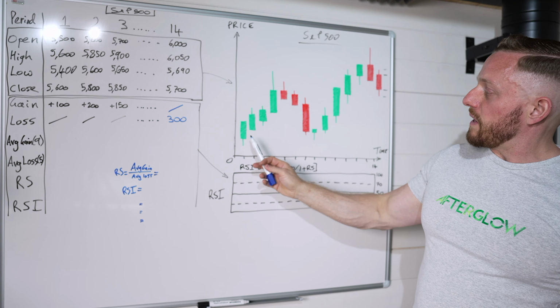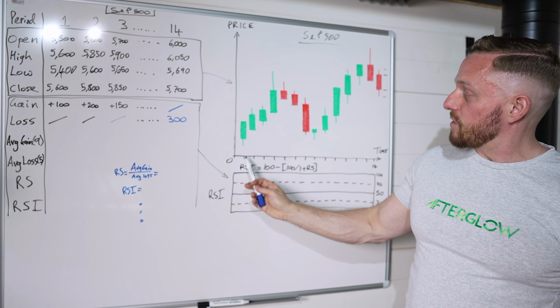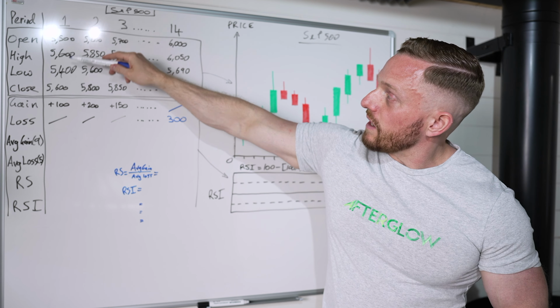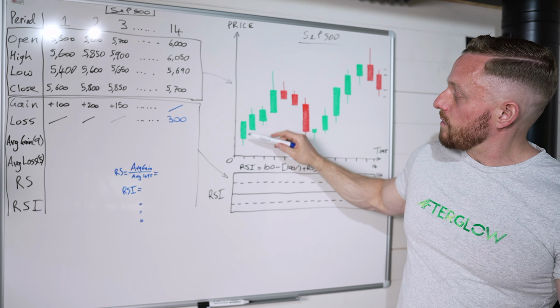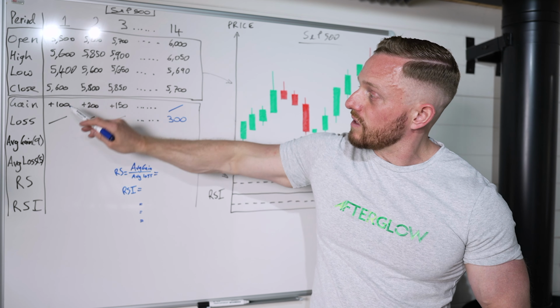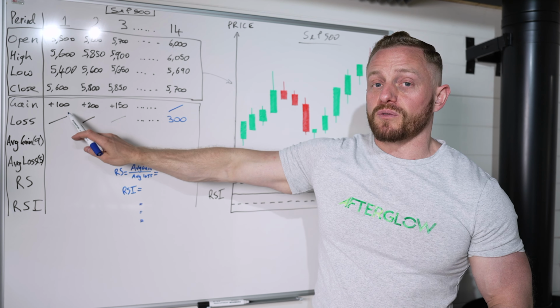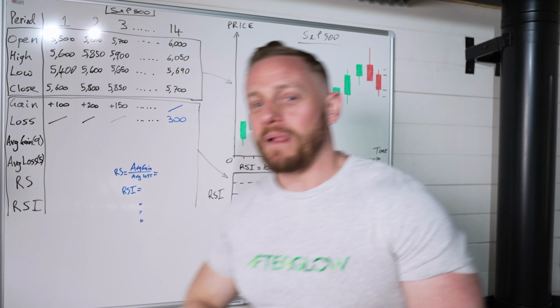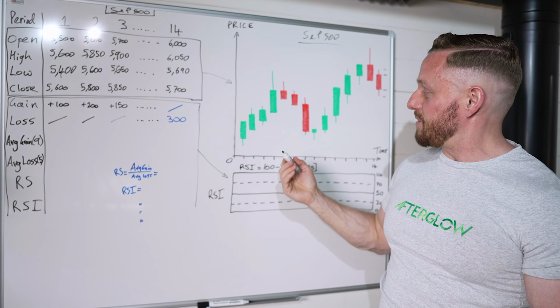And if you go all the way back to the beginning on the first candle 14 days ago, I've done all the calculations here. Well, if that started at 5,500 and went up to 5,600, that's a gain of 100, right? So you could plot all those values on the chart.